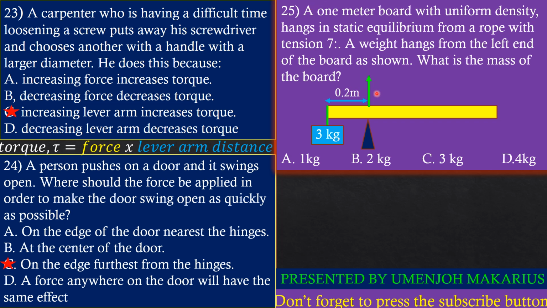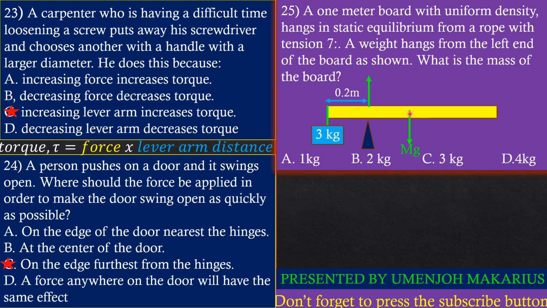Since our board has a uniform density, the weight of the board has to be concentrated at the center of the board, which is called the centroid of that board. It has a magnitude mg, where m is the mass of the board and g is the gravitational field strength.